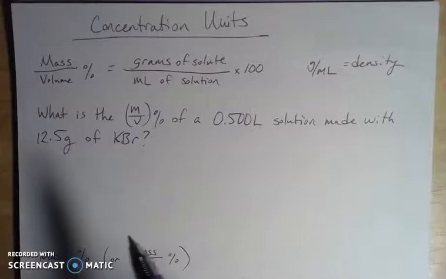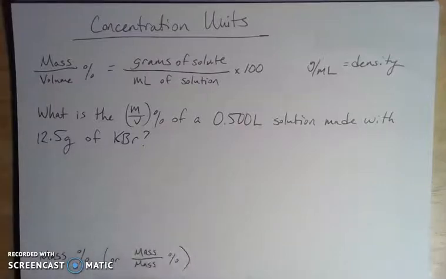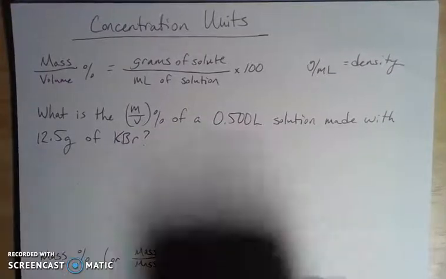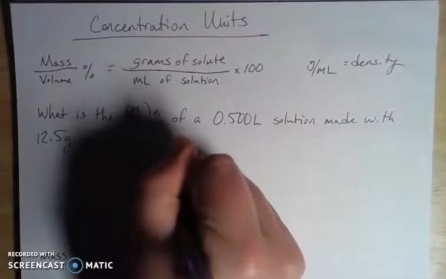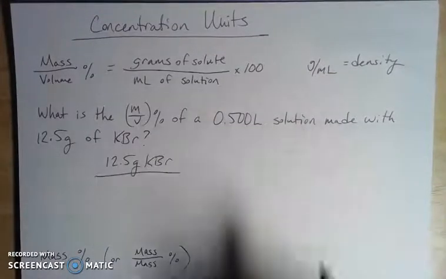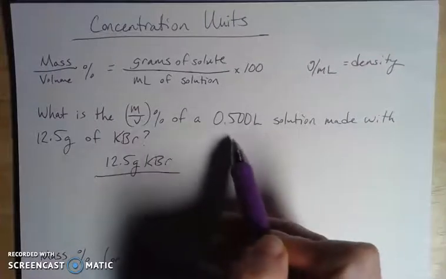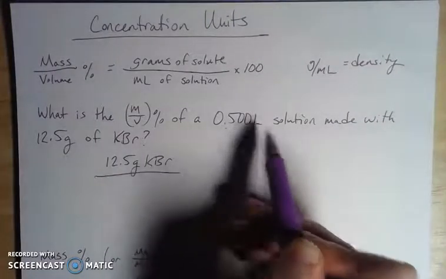This is asking for the mass volume percent of a 0.5 liter solution made with 12 grams of KBr. So we're looking at a solution of potassium bromide. We're going to take the number of grams that we're given of our potassium bromide, and we're going to divide it by the milliliters of solution. So this is a 0.5 liter solution.